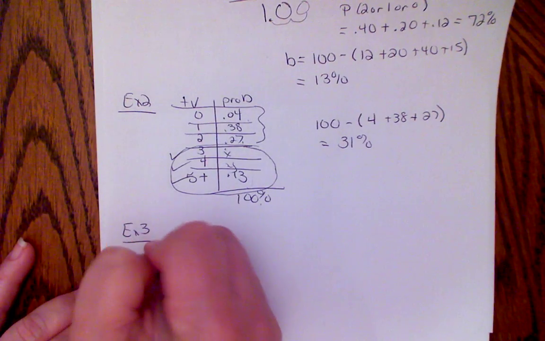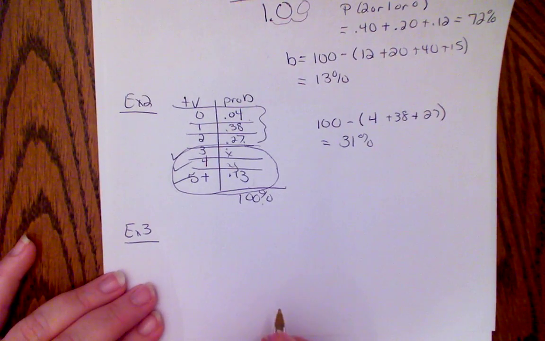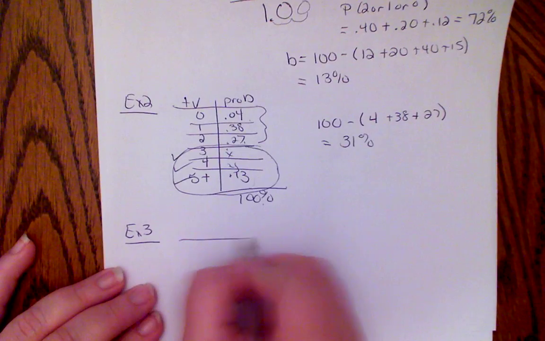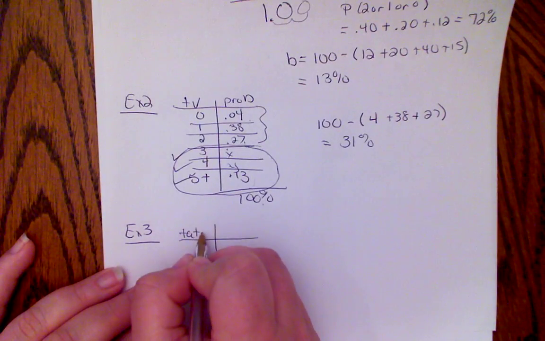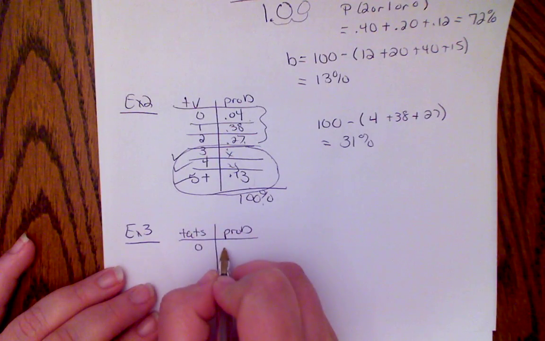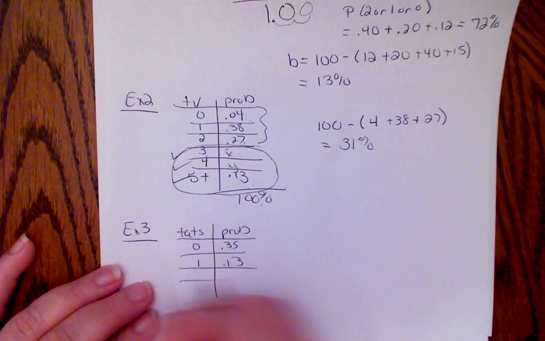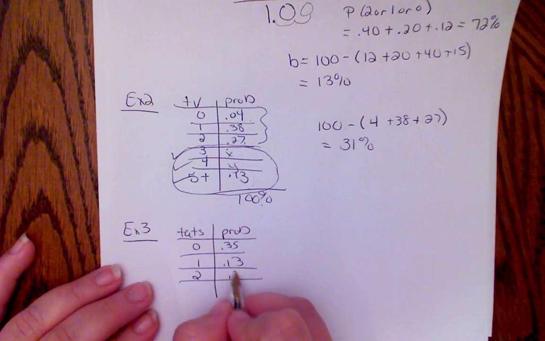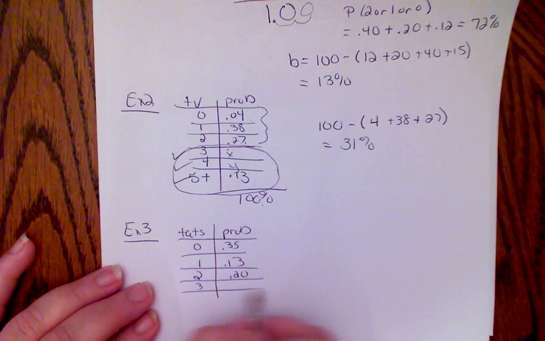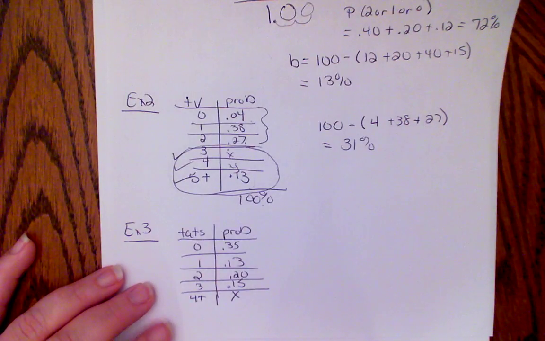And finally, for example 3, we're talking about tattoos. So 0 tattoos is 35%, 1 tattoo is 13%, 2 tattoos is 20%, 3 tattoos is 15%, and 4 or more is X. Find the probability that a person would have 2 or more tattoos.